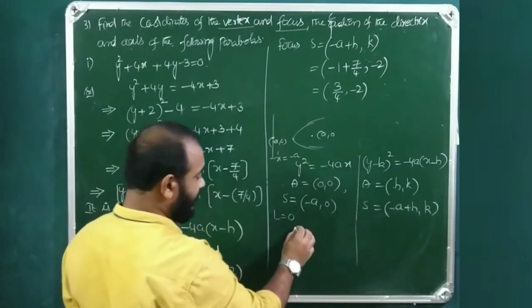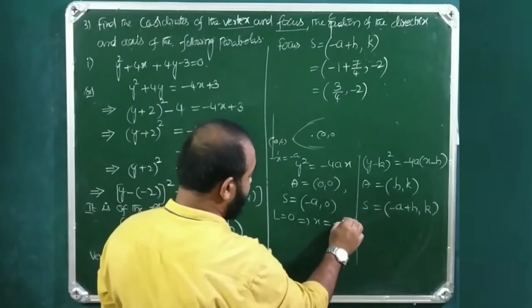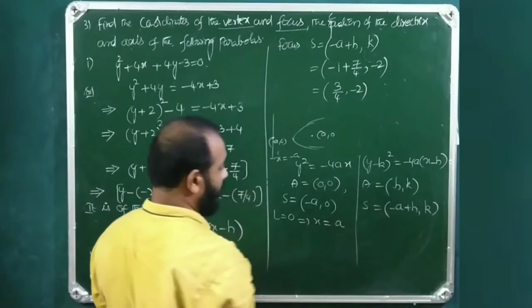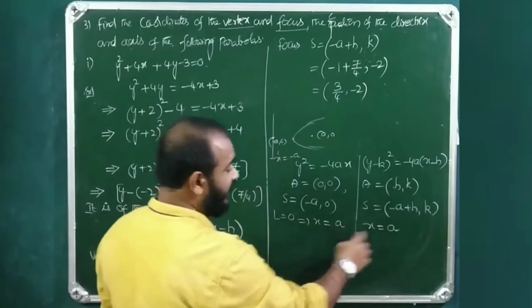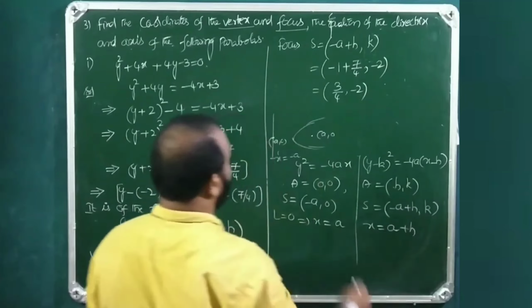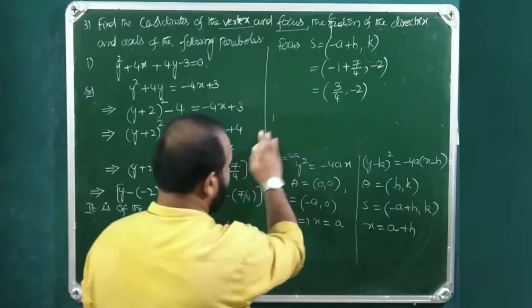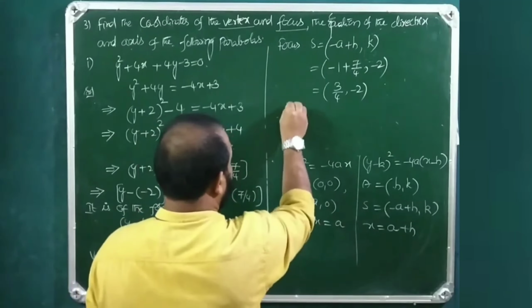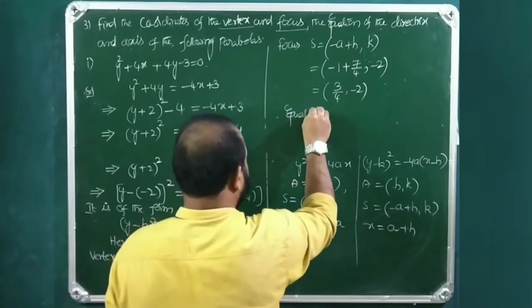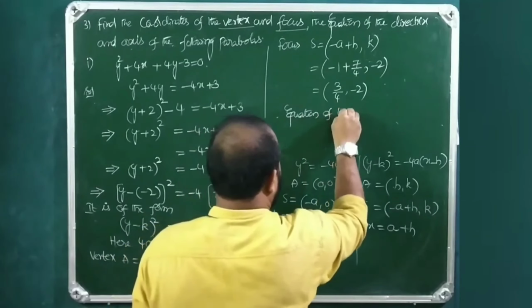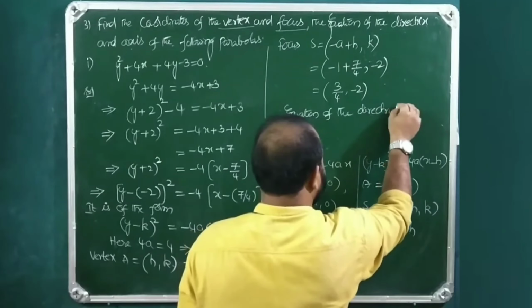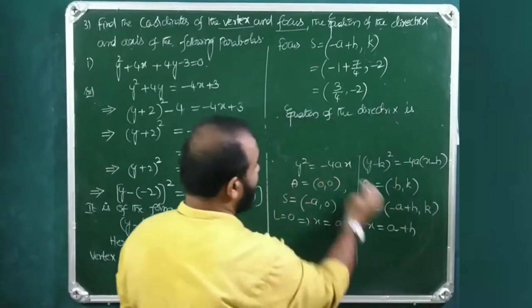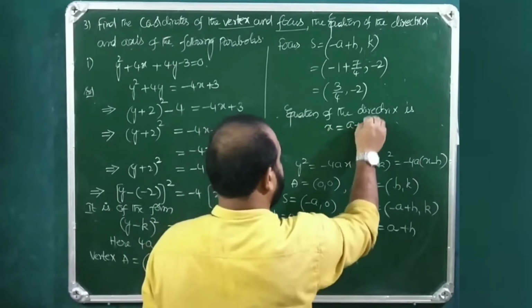But for this, x equals to plus a. But here x is equals to a, additionally h will be added. So therefore the equation of the directrix is x is equals to a plus h.